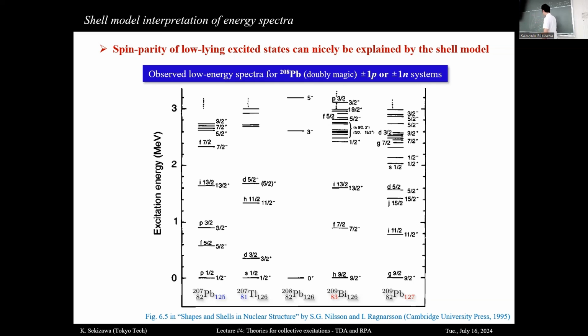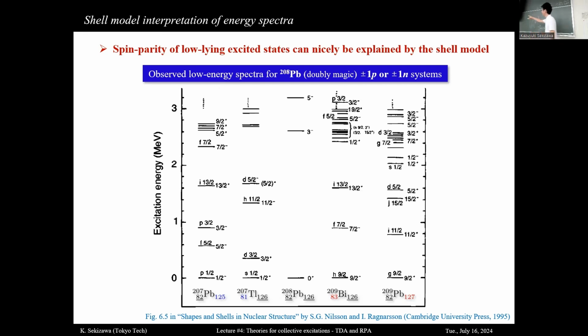You can count again: 6, 8, 12, 4, 2. Those are 2J plus 1. And it should be 10, 10, 20, 32. So it explains 32 plus 50, and you have 82.